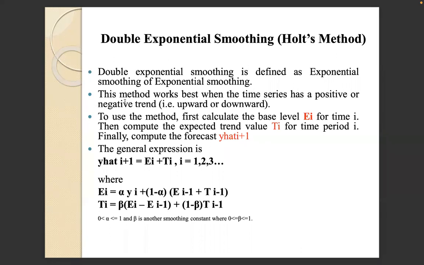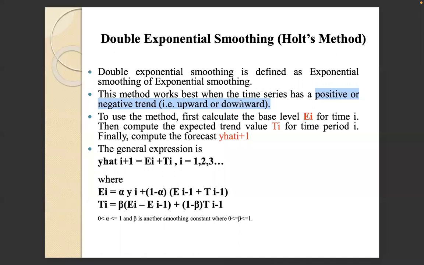This method works best when the time series has a positive or negative trend. This is how it differs from single exponential smoothing. Earlier we applied it if there is no trend, but if there is a trend, positive or negative, then we can use double exponential smoothing. So we use the trend and then forecast based on the trend.